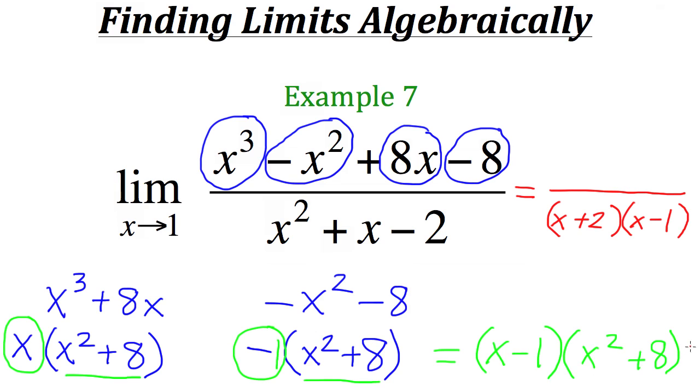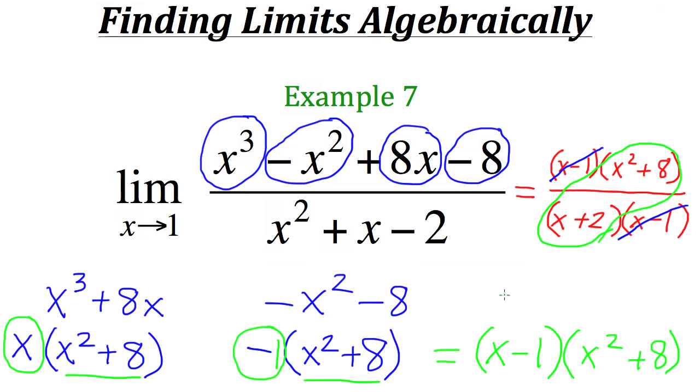So now that we have that, we've officially factored our numerator. So we have x minus 1 times x squared plus 8. Now if you notice, we have a quantity of x minus 1 on top and x minus 1 on bottom. So we could cancel those out, which leaves us with x squared plus 8 over x plus 2.